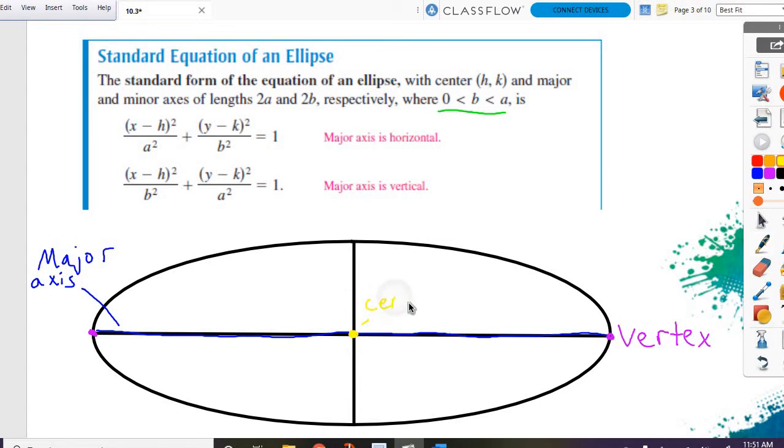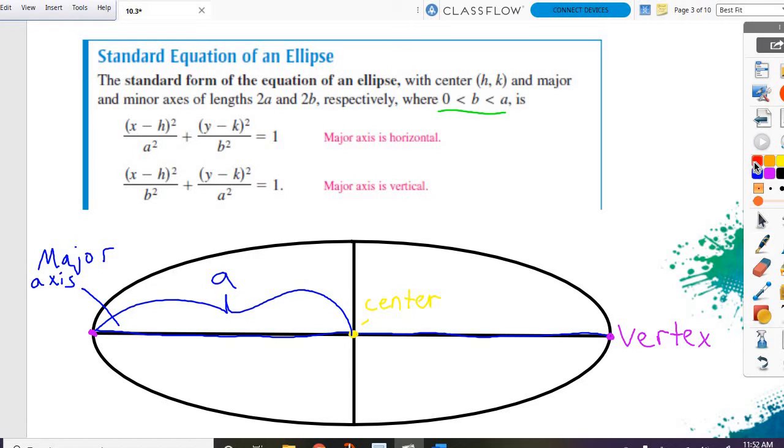Our center is in the middle. And the important thing about our major axis is that the major axis is going to be 2a. So that means that the distance from your center to one of your vertices is just a.